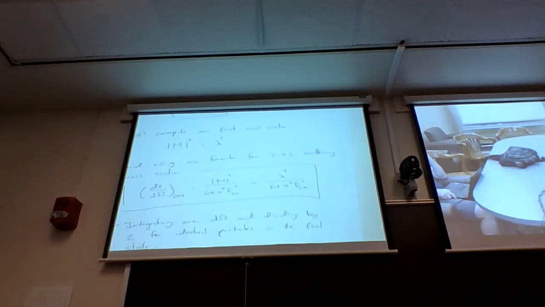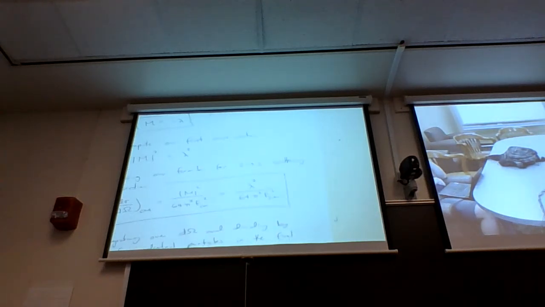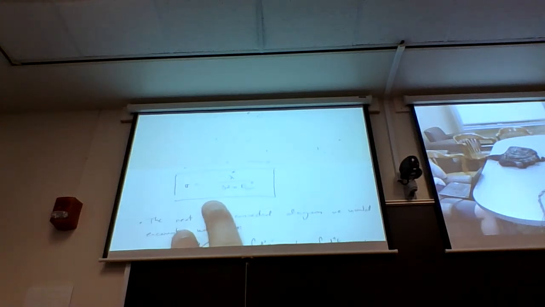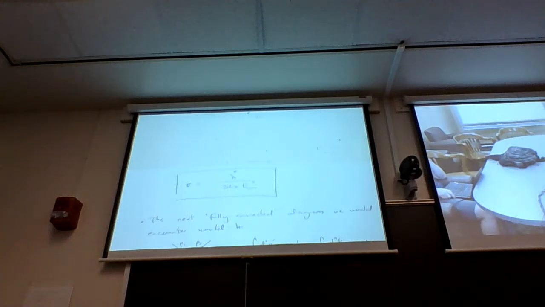So anytime you have identical particles in the final state and you're computing cross section, you have to divide by 2 to account for that, okay? Because we can't distinguish between those, and if we don't do that, then we'd be overcounting. So in the end, I can get a total cross section, which again would just be a number, but it would look like that, okay?